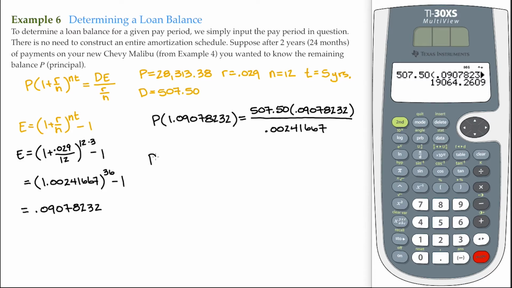So we have P times 1.09078232 equal to 19,064.2609. Don't forget we're going to use as many decimals as we can, so we'll leave the 2609. Of course, now using algebra, we'll divide both sides by 1.09078232.